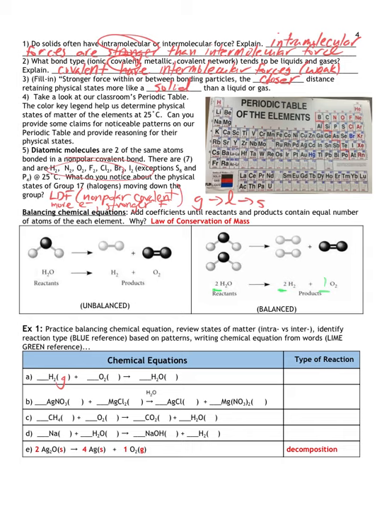So that's why I took a picture of the periodic table so that we have reference to that. Now water is polar and it engages in hydrogen bonding. So from that we can tell that it's a liquid at room temperature. So L is for liquid, G is for gas, S is for solid.